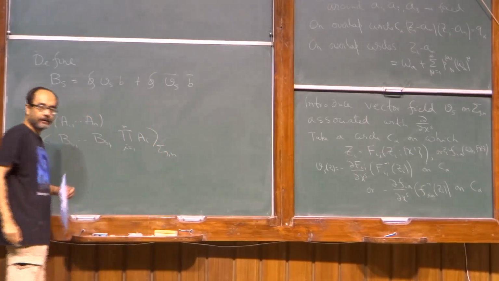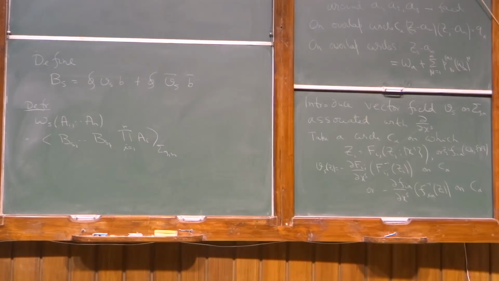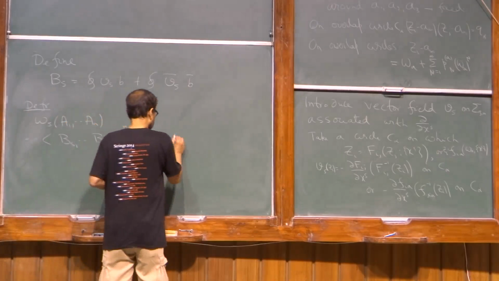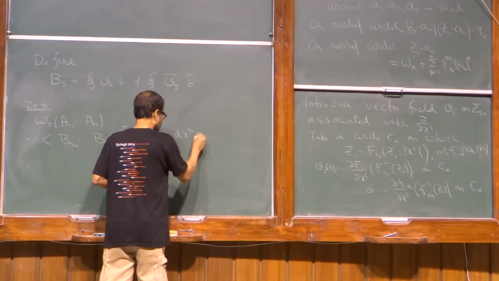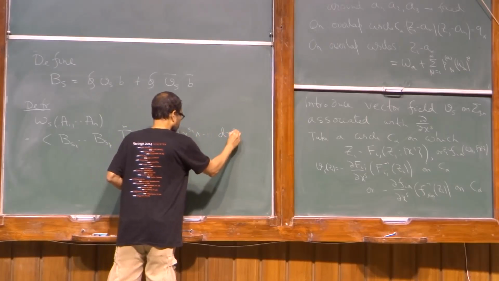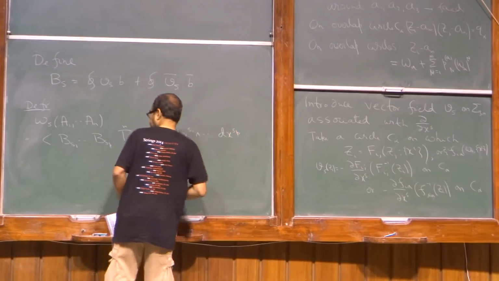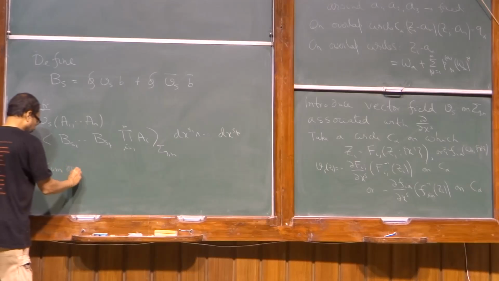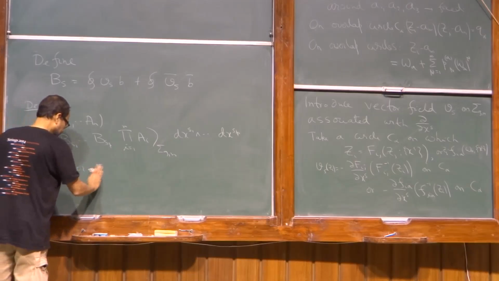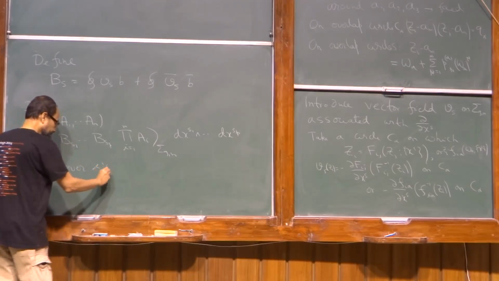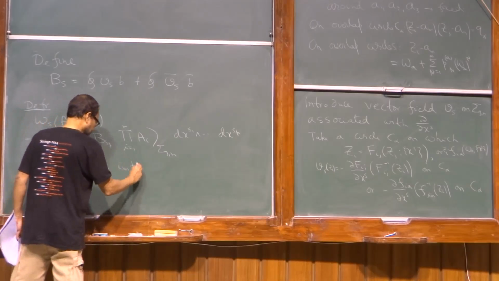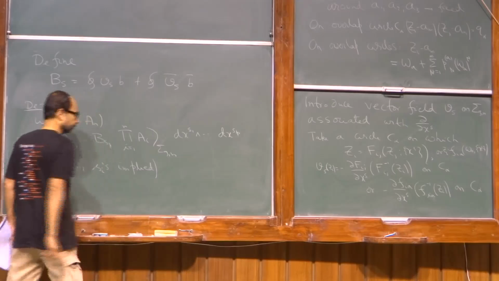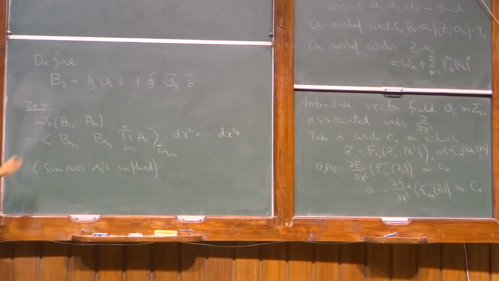These Ai's have to be inserted in the particular local coordinates, depending on the point and region that you are calculating it in. The sum over the si's is implied, of course, for repeated indices. So this is omega p, yes, thank you.